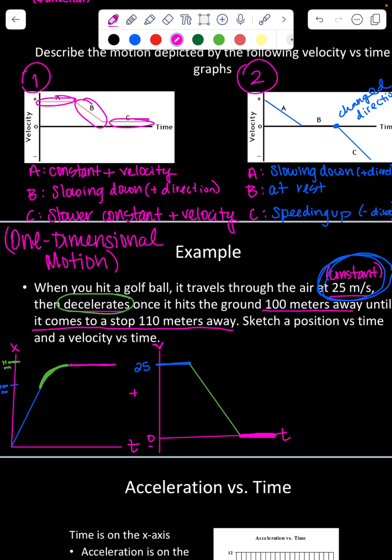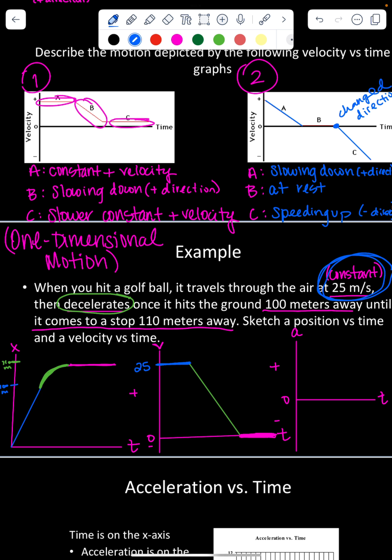Now we know that the slope of a velocity versus time graph does give us acceleration versus time. And we're going to label or set up our acceleration versus time graphs the exact same way we do our velocity versus time graphs. So we have plus up here, 0 right here, negative down here.